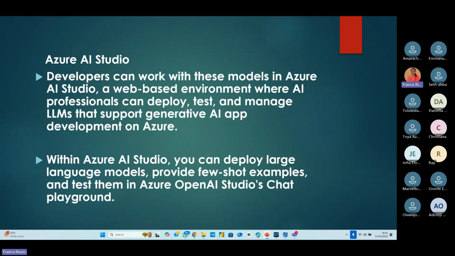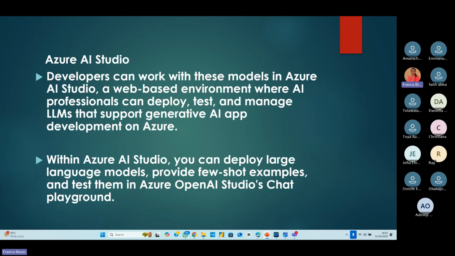So developers can work with these models in Azure AI Studio, a web-based environment where AI professionals can deploy and manage LLMs that support generative AI app development on Azure. So that's what you do with your AI Studio.